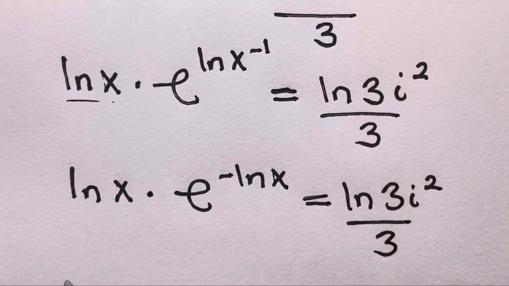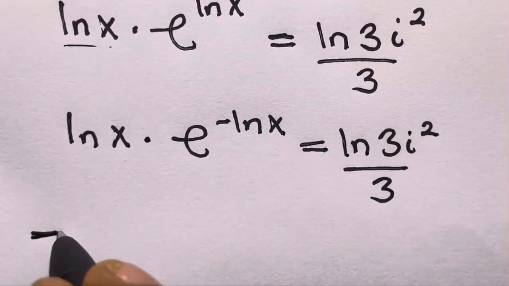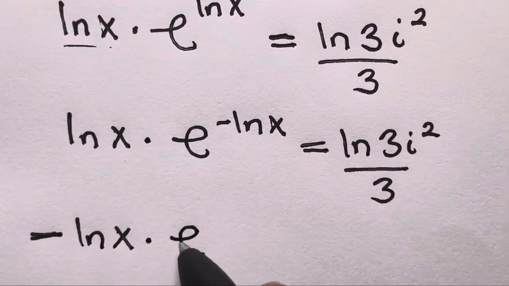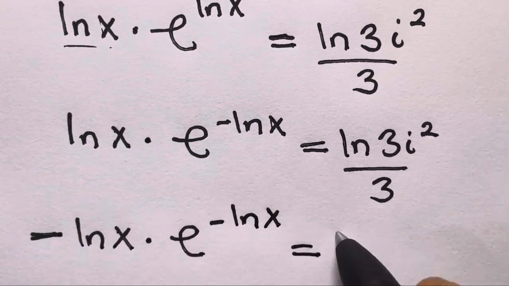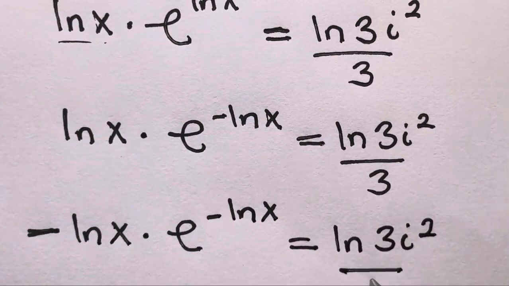So let's multiply throughout by minus 1. So we have minus ln x times exponential minus ln x equals ln 3i squared divided by 3.